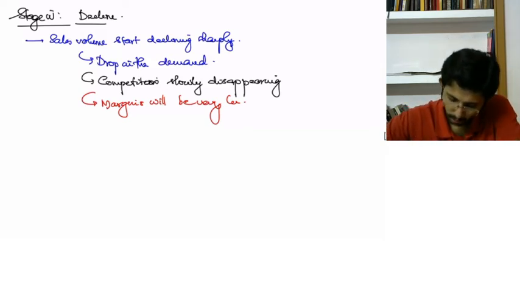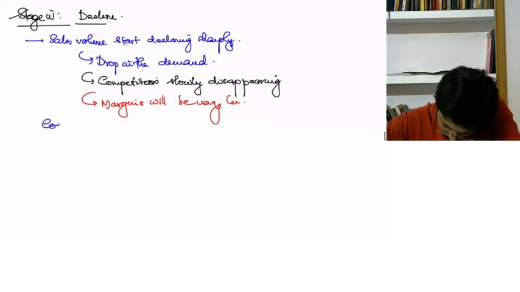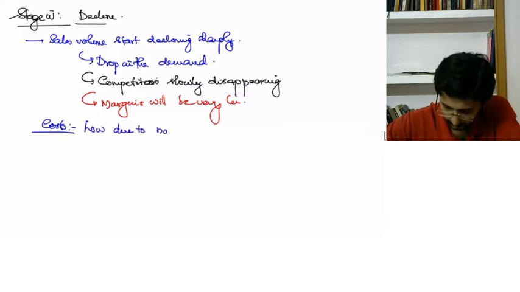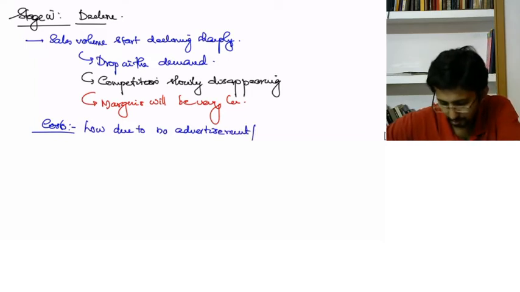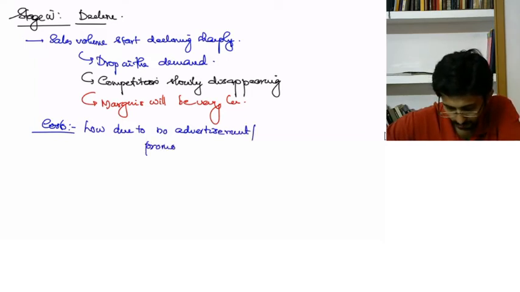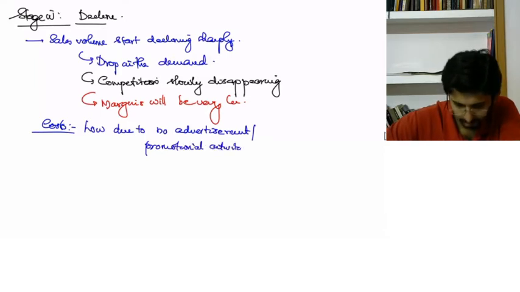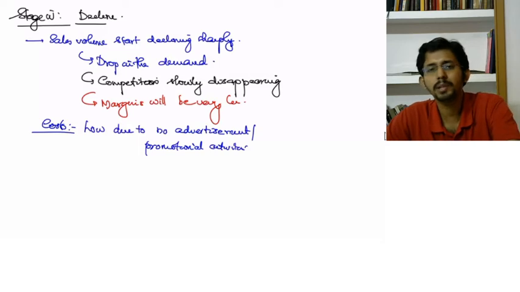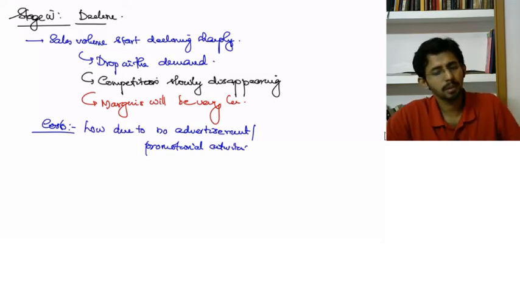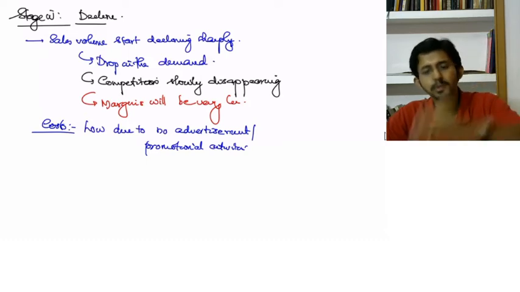Okay, so what about cost? Cost will be low due to no advertisement or promotional activities. There is no need of doing any advertisement or promotions in this stage because your product has entered into the decline phase. Now it has to come down.